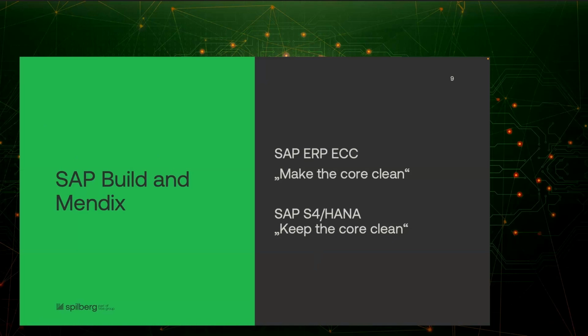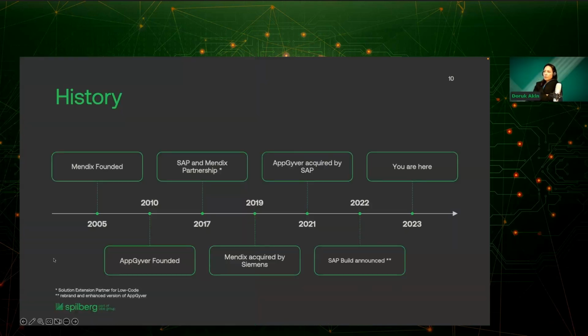Let's continue with the next slide. I want to talk about the history. This is really important for me so that you understand where we are right now in the low-code journey. When did it all start? And how were Mendix and SAP Build founded or started?